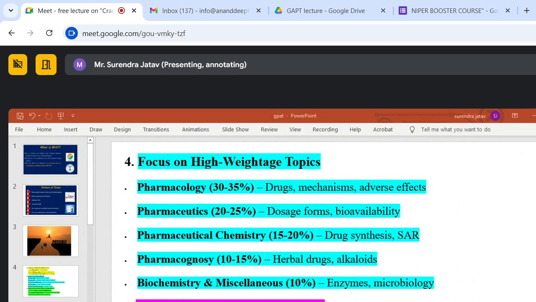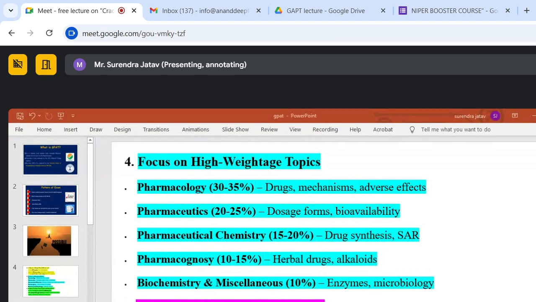If you're preparing a subject which has very few questions asked on the topic, you will lose on the weighted subject. So first identify which subject is weighted, meaning from which topic the maximum questions come.